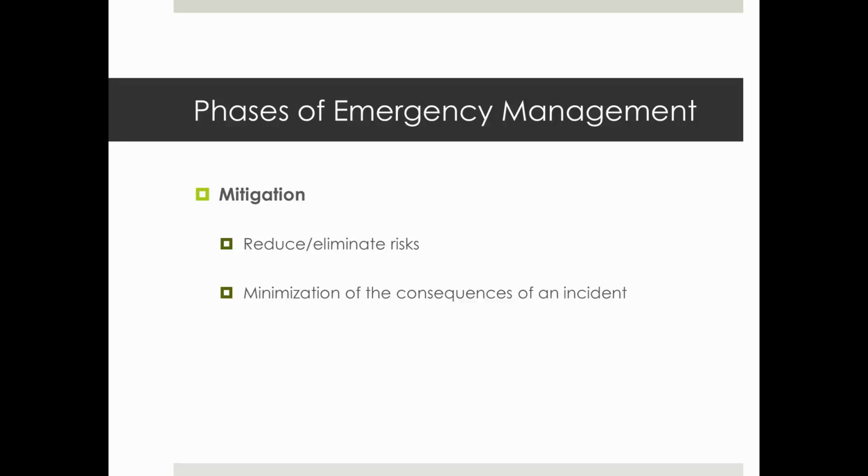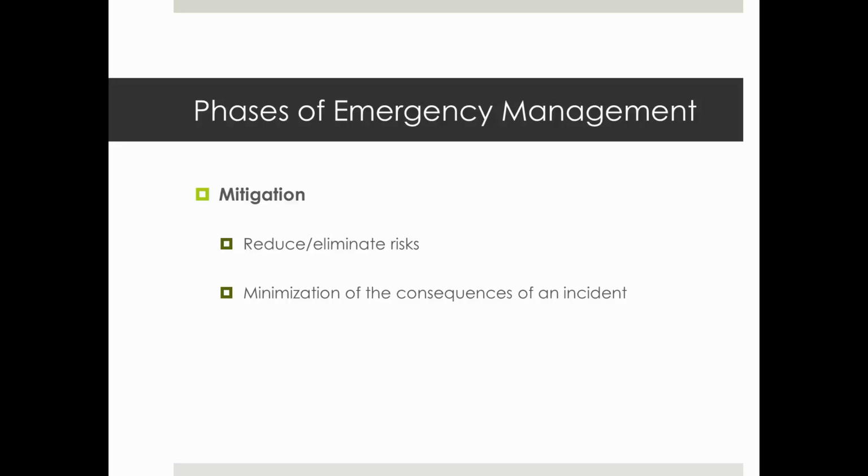The first being mitigation. And the ultimate goal of mitigation is to reduce or eliminate risks, and ideally to even minimize the consequences of an incident once it has taken place. So mitigation refers to activities that reduce or even eliminate risk to people or property.